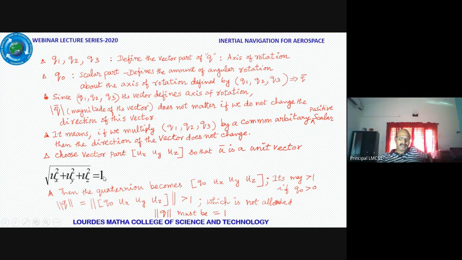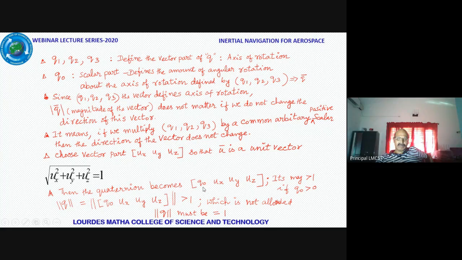That's what is written here. Then the quaternion becomes Q0, ux, uy, uz. Now this is the scalar part. But then the magnitude of the four things together will be more than 1 if Q0 is greater than 0.